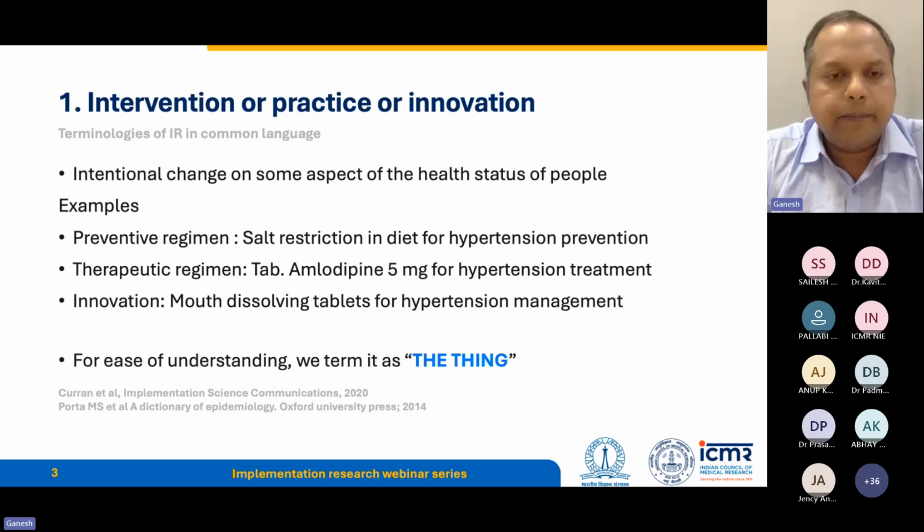For example, provision of amlodipine 5 milligram is an intentional change for improving the health status of the population, here hypertension treatment. An example of innovation is mouth dissolving tablets for hypertension management. An example of a program can be a hypertension control program implemented over an entire population so as to reduce their high blood pressure.